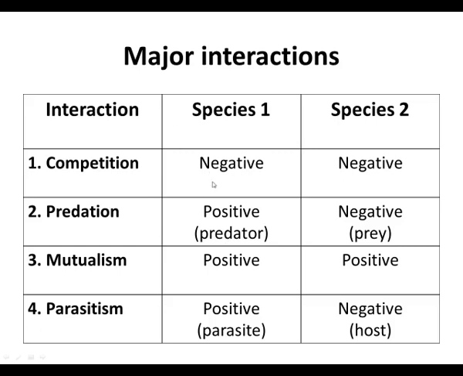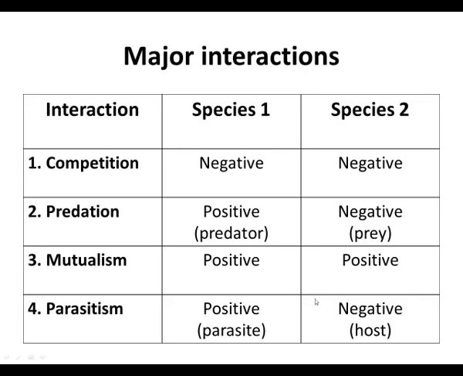Species 1 may have 1 negative sign, but species 2 may have 2 or 3. So although it's negative for both parties, the degree of negativity is different between these 2 species, and you'll realize why in a minute. Predation is a positive interaction for the predator, but negative for the prey item.